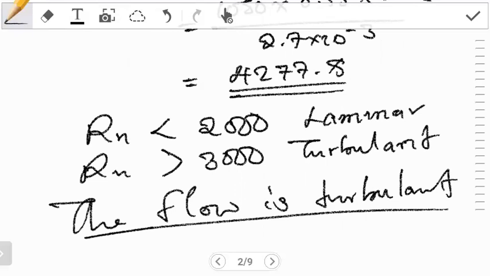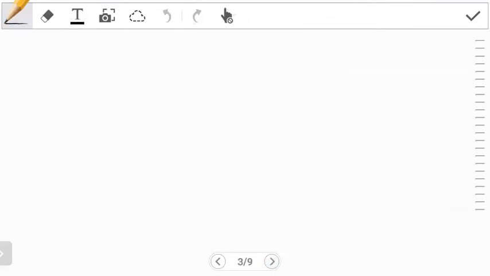Otherwise, before we end this, there's just one last thing that I want you guys to look at. Here we just determined the classification of the flow, whether it is turbulent or laminar. For the most part of this series, we're going to be looking at how fluids flow, meaning we'll have to look at the flow rate.